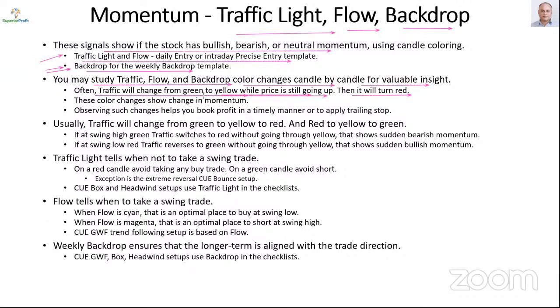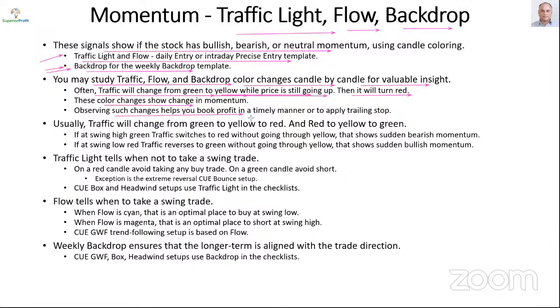That will show that the momentum is not as high as when it was green. This change from green to yellow, though price is still going up, shows visually the change in momentum.